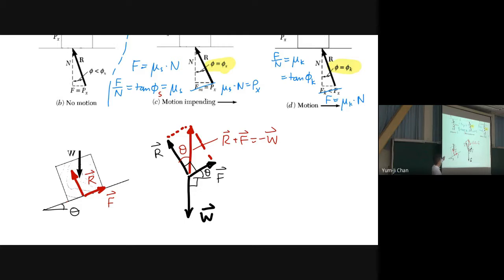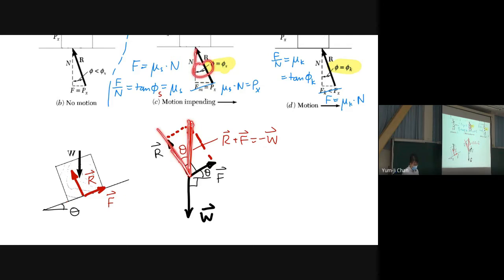So this is for a block on an incline. And on first day we will compare this one and this one. Because what is this theta? In this figure, theta is the angle between R and the summation force of R and F. What's phi here?